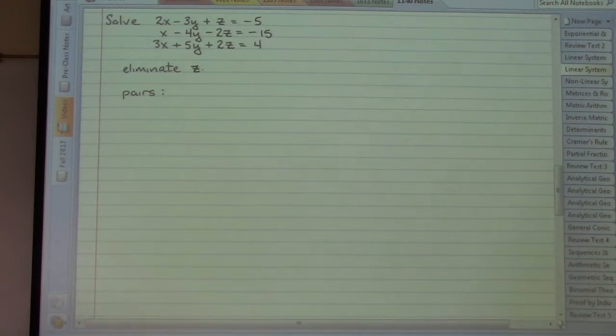Now, we talked already a little bit about the pairs, so we're automatically kind of figuring out the pairings that we would use by trying to be smart about picking which variable to eliminate.